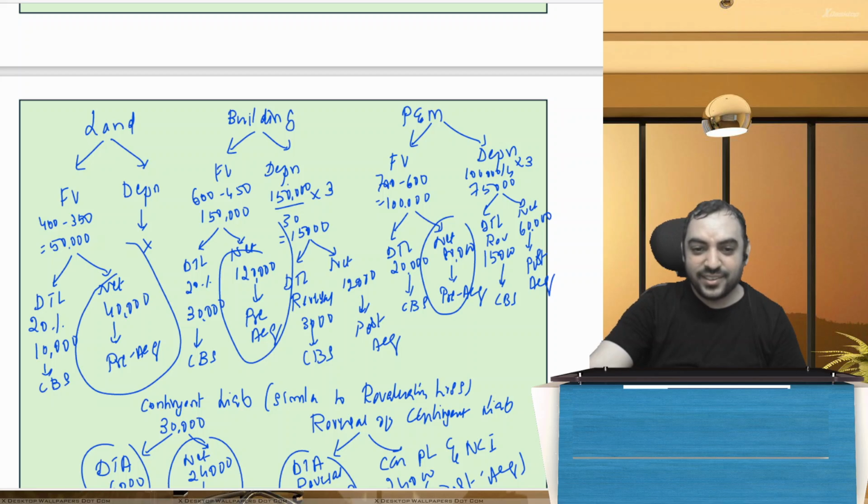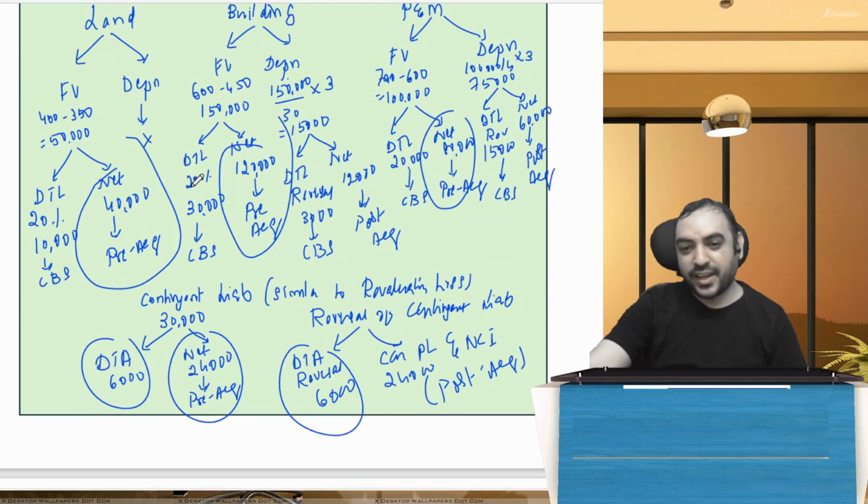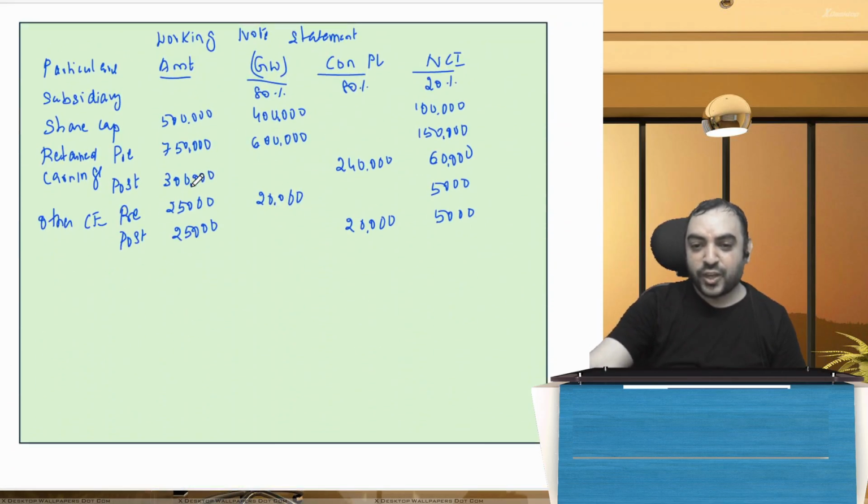I think I can do it directly, right? Fair value adjustment, I hope you can understand. 2,40,000, I am writing on a net basis. Fair value adjustment of all the three things together. Fair value adjustment 2,40,000. Pre-acquisition profit 80%, 1,92,000. 20%, 48,000.